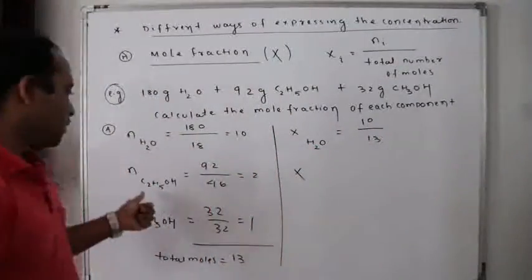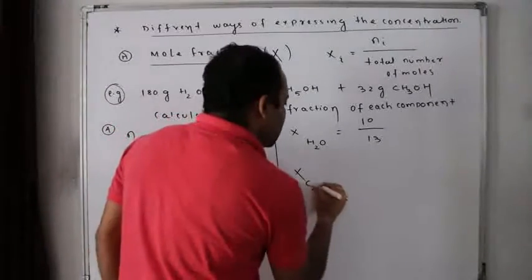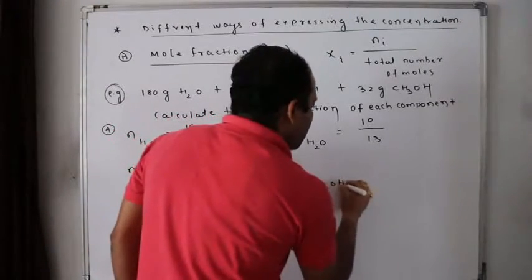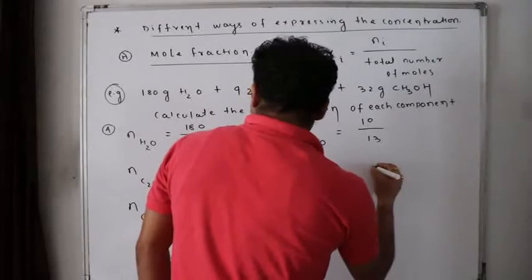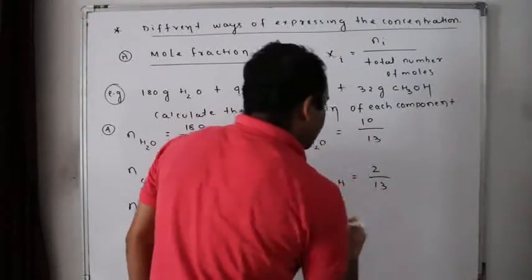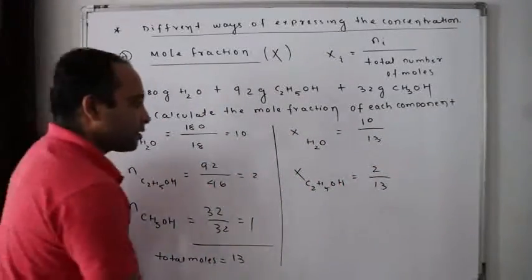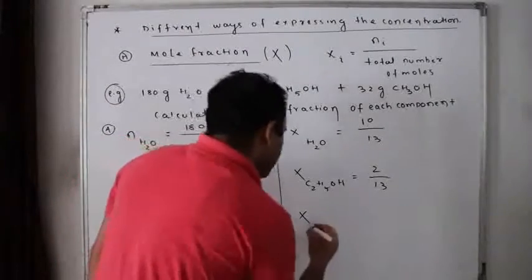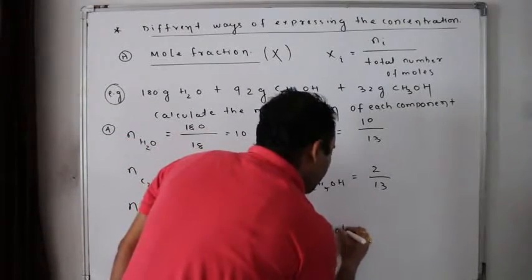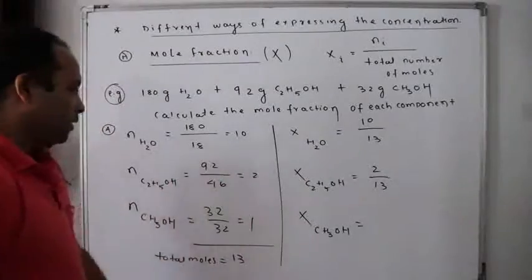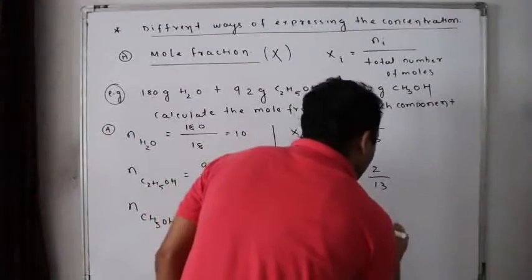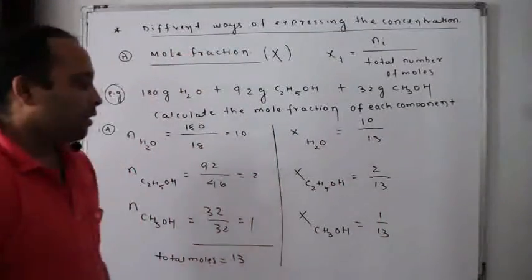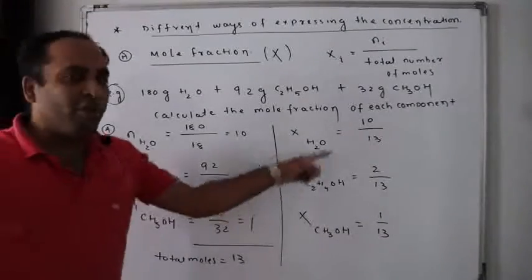What is the mole fraction of ethanol, C2H5OH? Is it 2 by 13? What is the mole fraction of methanol? Is it 1 by 13? Do you find one thing? I got the mole fraction.